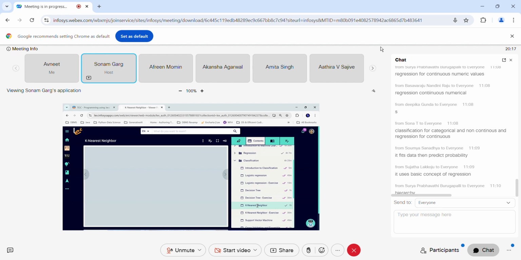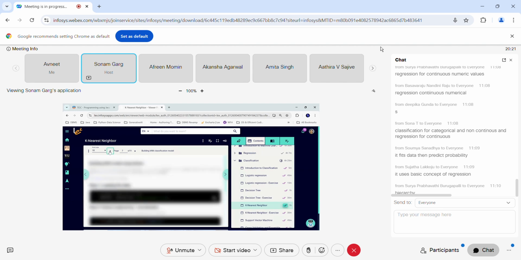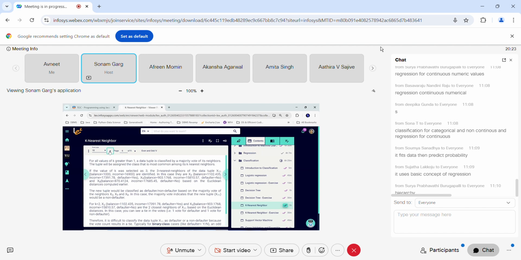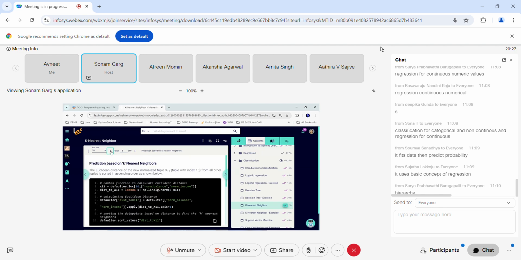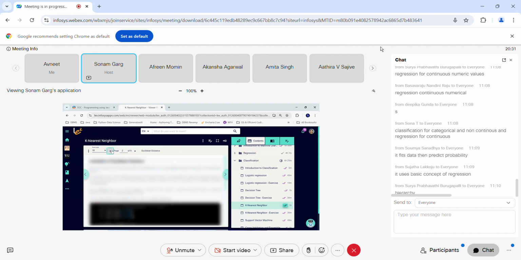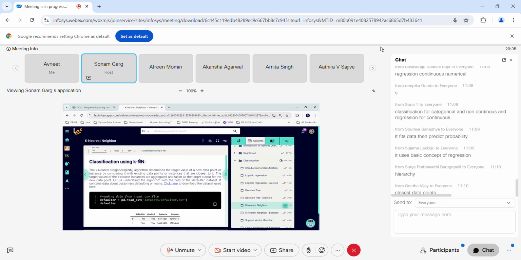K nearest neighbors. It works on the principle of, what's the principle of K nearest neighbor? Closest data points. Yes. K points which lie close to the current node will be studied to select the answer for the current node.